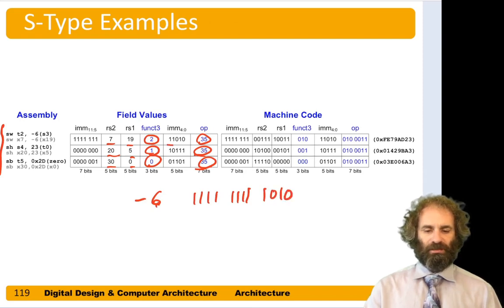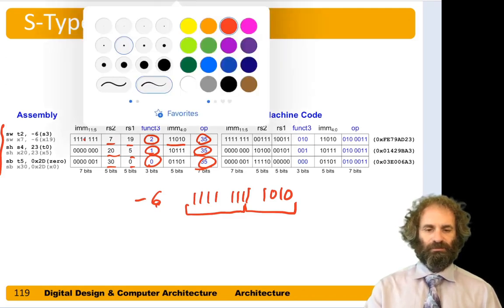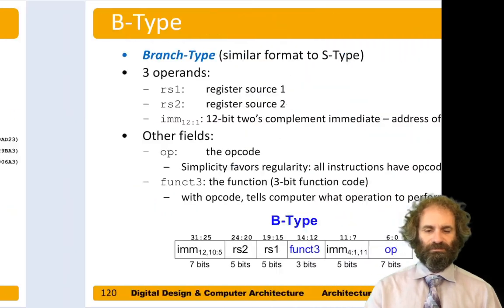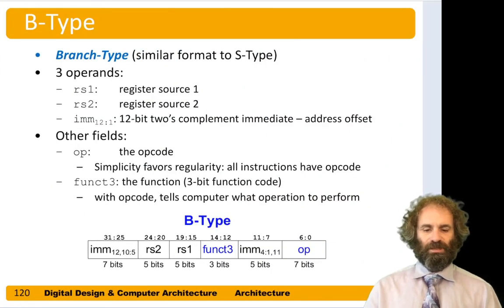So we pack the bottom 5 bits in here and the upper 7 bits up here. Store half word and store byte are similar. B-type, again, is a similar format, just the way the immediate is stored.